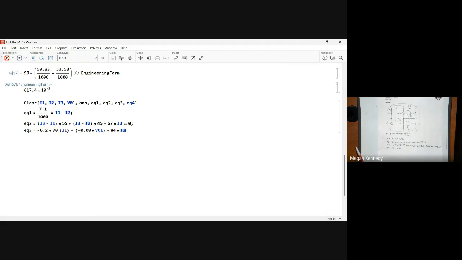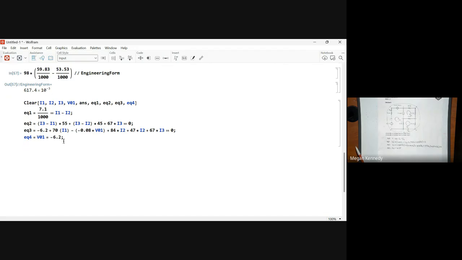I2, 37 times I2 plus 67 times I3, and that is equal to 0. And then EQ4 is going to be equal: 0 to 1 equals negative 6.2.